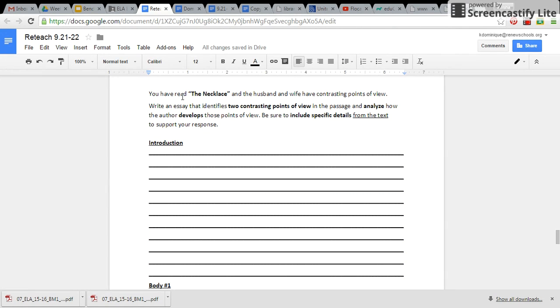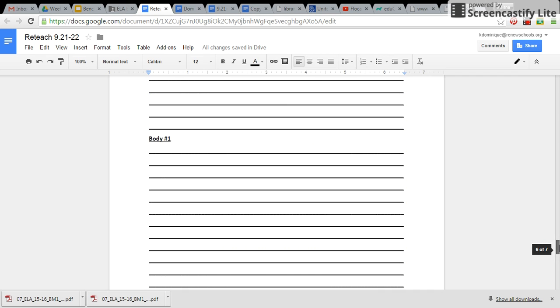It says you have read The Necklace and the husband and wife have contrasting points of view. Write an essay that identifies two contrasting points of view in the passage and analyze how the author develops those points of view. Be sure to include specific details from the text to support your response. So this is what you will have to do tomorrow.